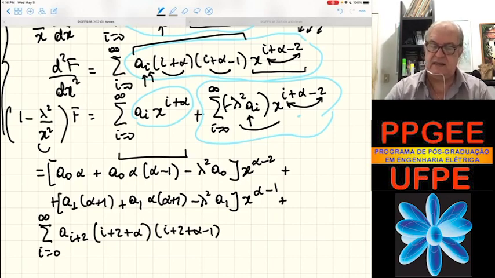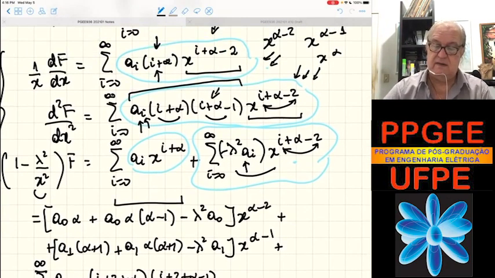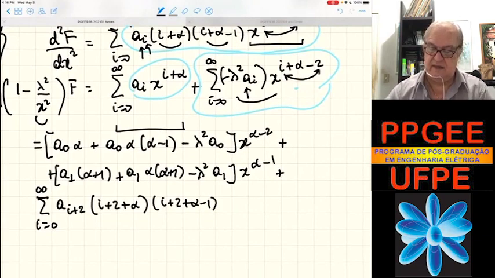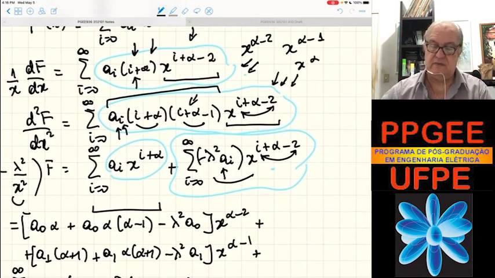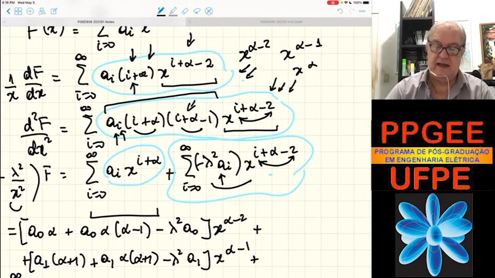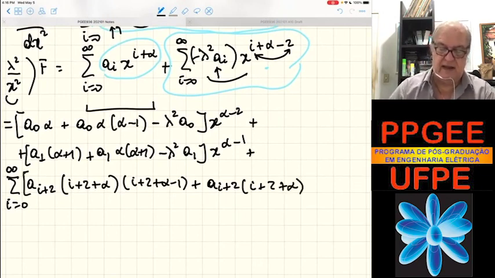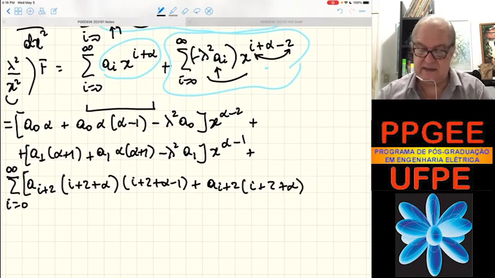I'm joining this term here with this one here. So that's going to be the same thing, plus i plus 2, i plus 2 plus alpha, right? So I'm going to join everybody that has the same index.